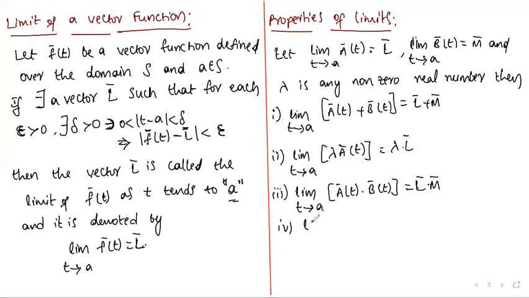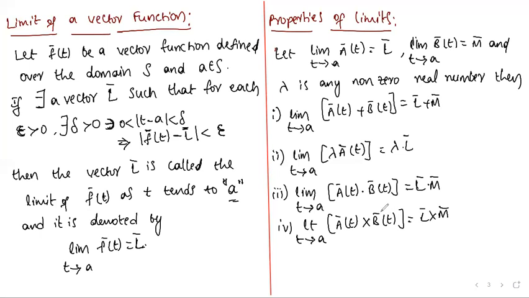And the next property: limit t tends to a, a bar of t cross b bar of t, that is equal to L bar cross M bar.